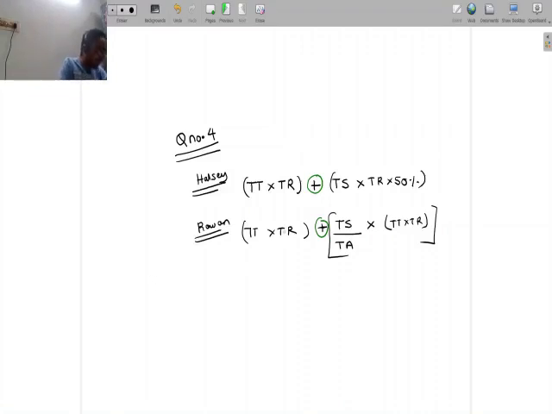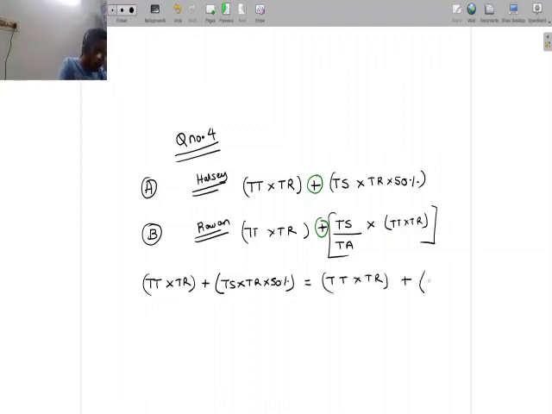So this is how you have the total payments under Halsey and Rowan. We are going to say both must be equal. Worker A, let's say, gets this, worker B, let's say, gets this. We should say both is equal. So I am going to equate this and say TT into TR plus time saved into time rate into 50%, which is basically Halsey wage, is equivalent to Rowan wage, TT into TR plus TS by TA into time taken into time rate.